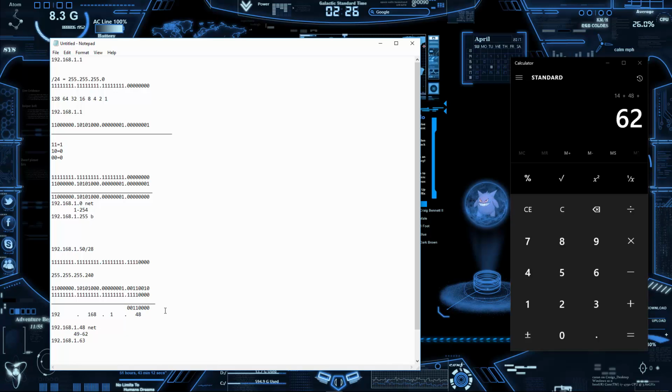Again, you take the last number, this is called the magic number. You look at the last true, this being 16. What you need to do is subtract 2 from there and add it to whatever the network is, and that gives you the last host. So just add 1, and then add whatever that is. In this case, being 14 into that, and that gets you 62. And then if you add 1 more, that gives you the broadcast.